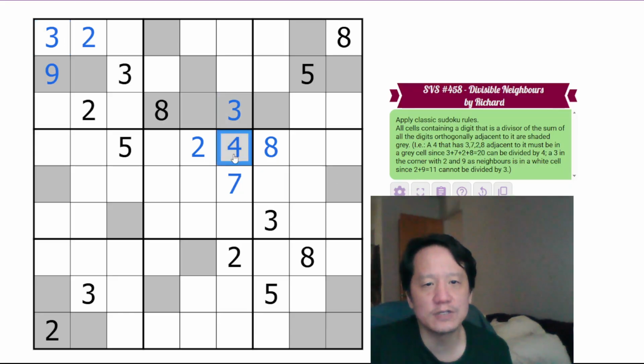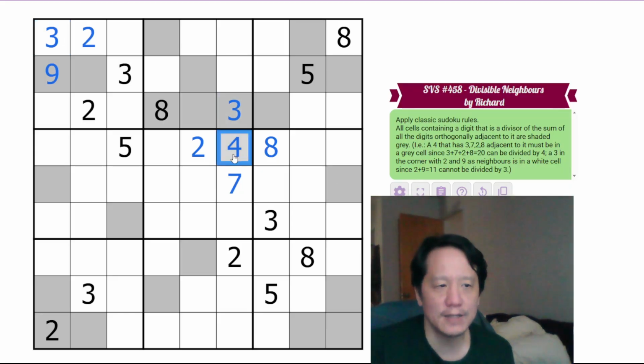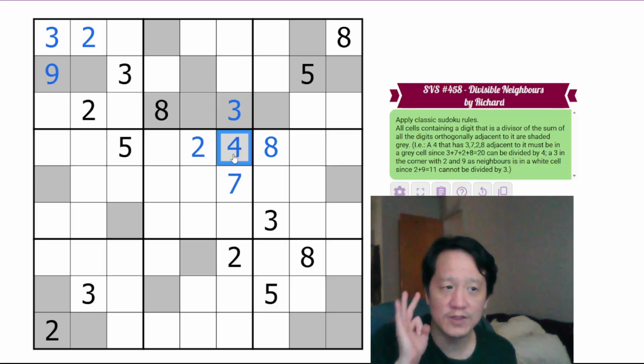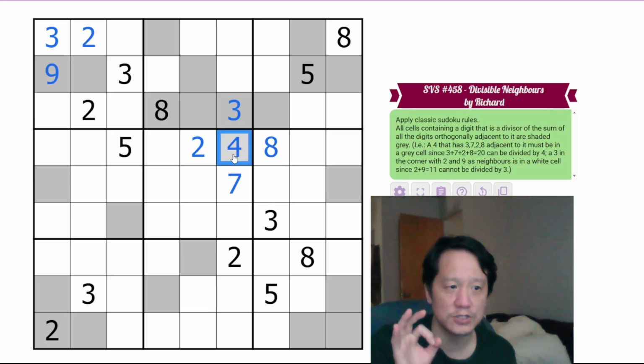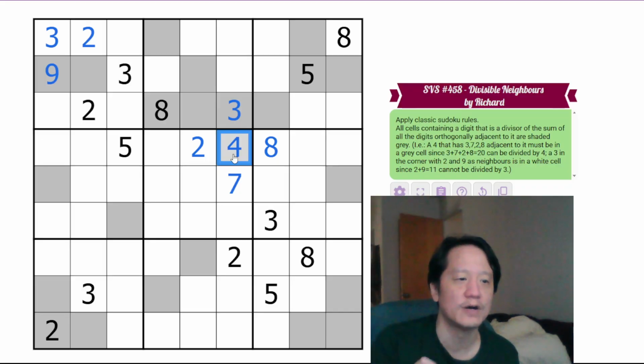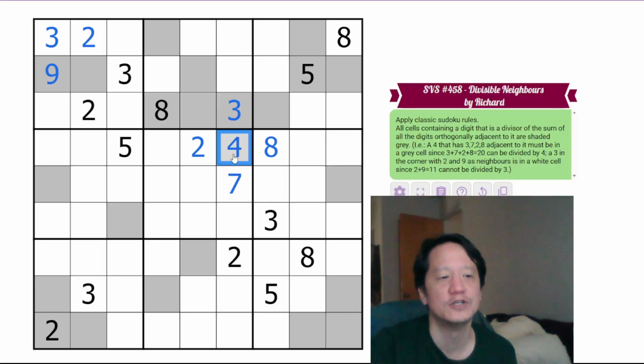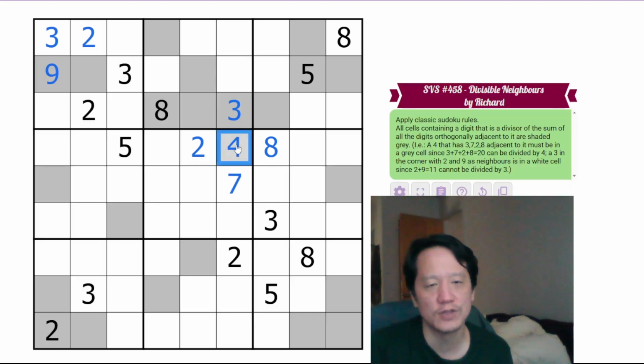So any gray cells must be able to divide evenly into the sum of the cells that share an edge with that gray cell.